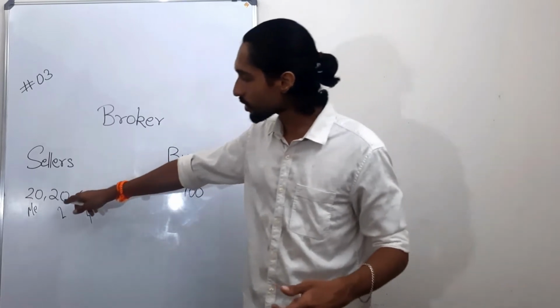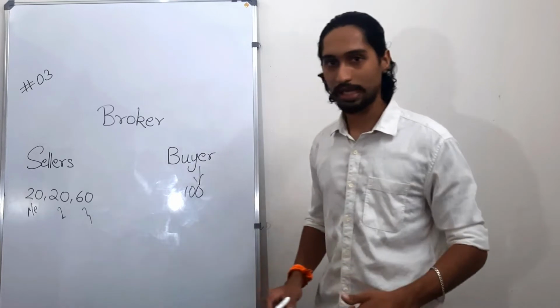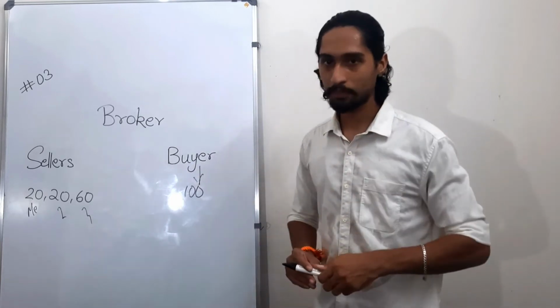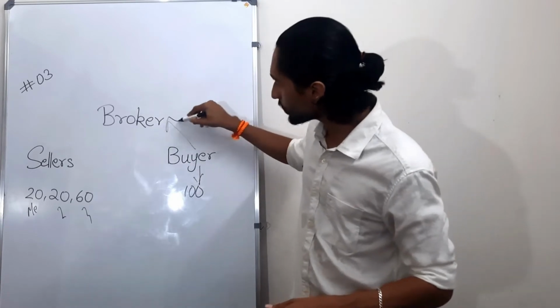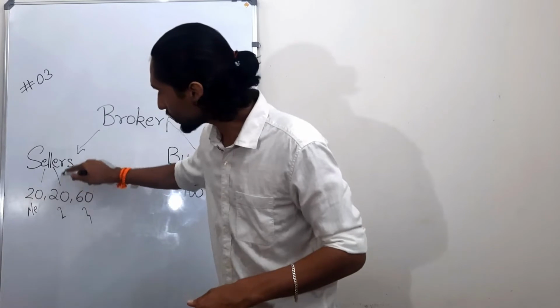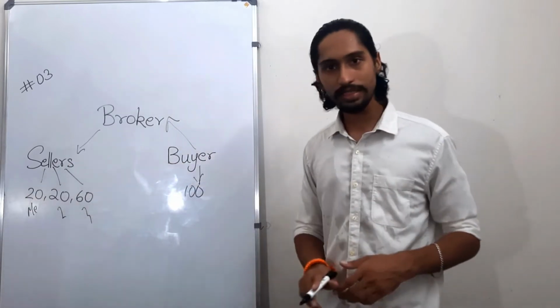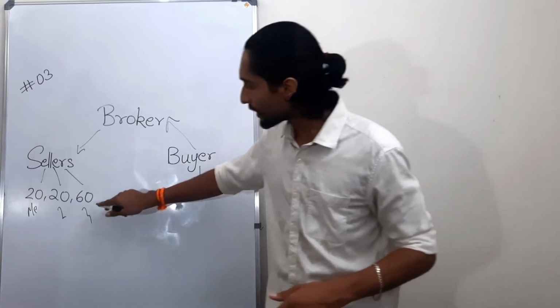He is also ready to sell 20 shares and this guy is ready to sell 60 of the shares of that particular company that you wish to buy. So what will the broker do? Take the money from you, distribute it to each of the sellers depending on how many shares they are selling, and get these.